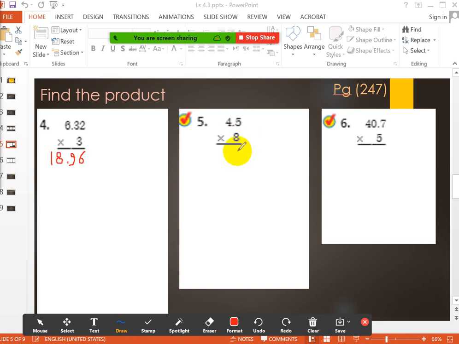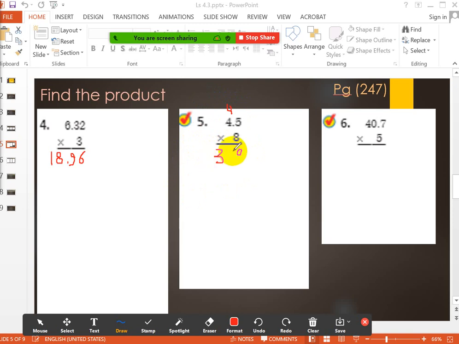So I will regroup the number. I will put 0 here and 4 above the 4. Now 8 multiply 4 equals 32. Very good. Plus 4 equals 36. So I will put 36 here.